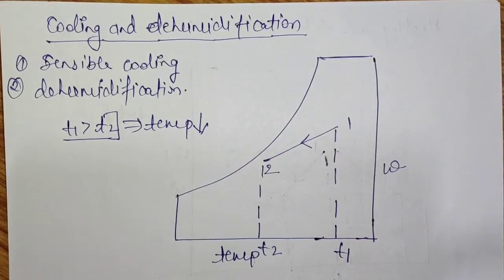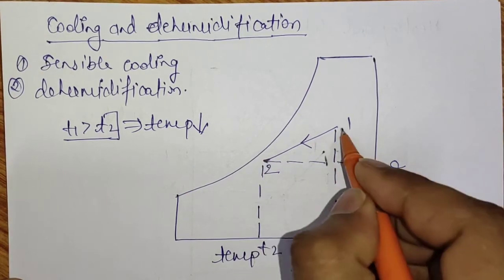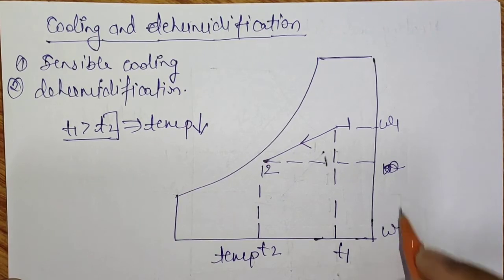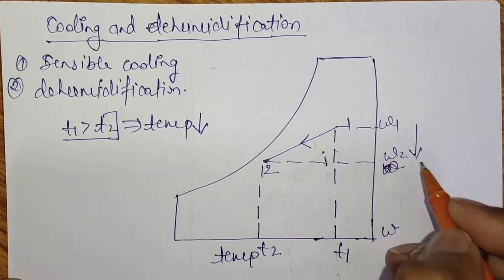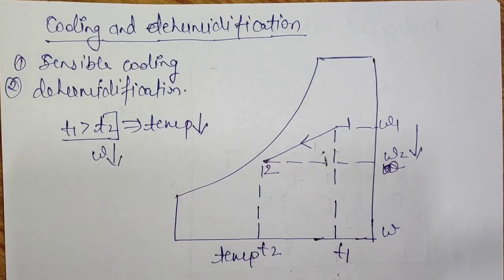If we talk about the specific humidity, we need to draw a horizontal line from state 1 and state 2. We can easily understand that the specific humidity is also reducing. This process actually takes place in summer air conditioning systems.